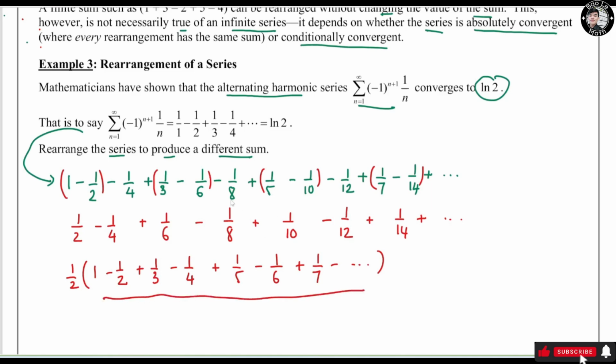This is actually ln 2, so it will be 1 over 2 times ln 2, right?